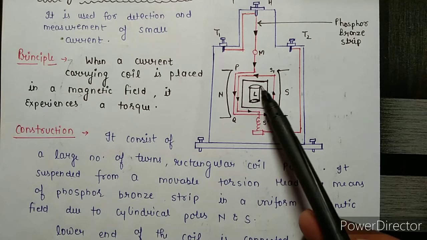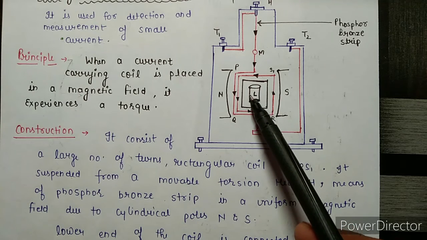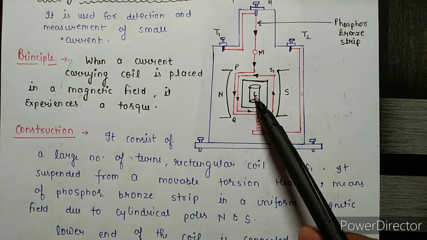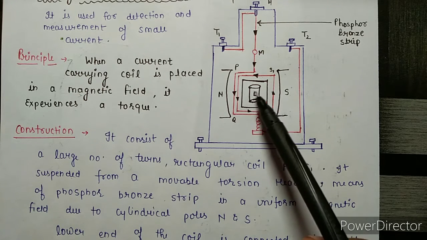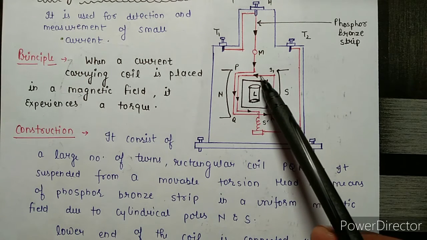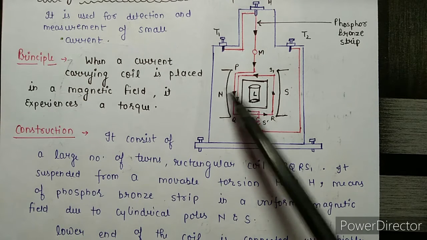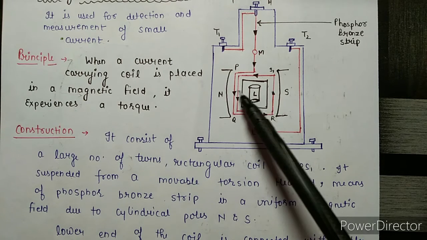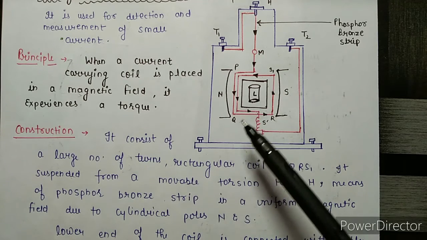In between the coil there is a non-magnetic iron core which helps the rectangular coil move freely without touching the iron core and the poles of the magnets.